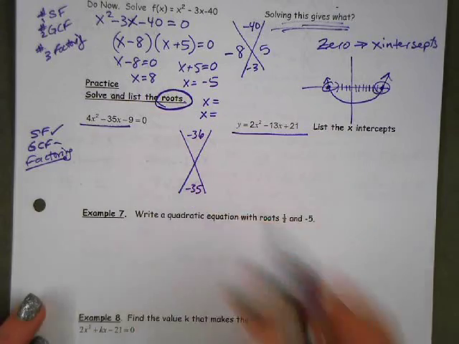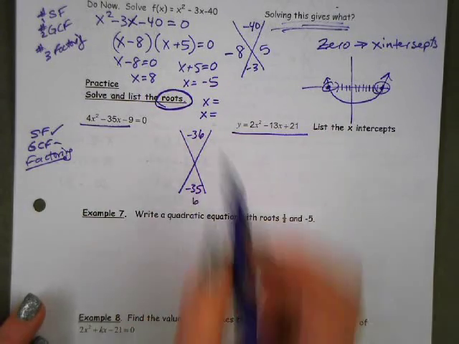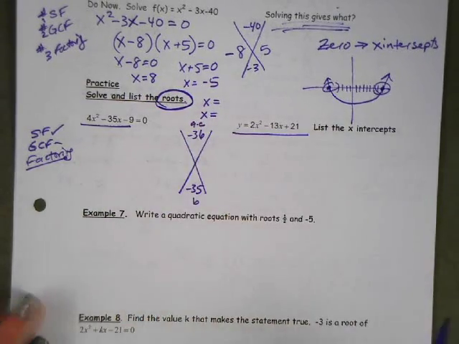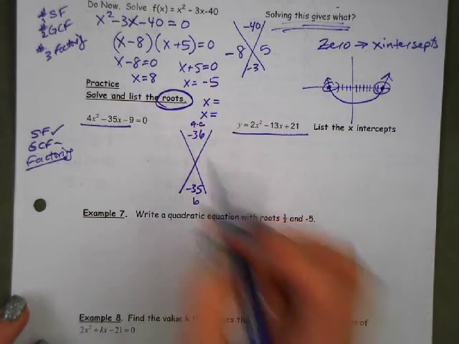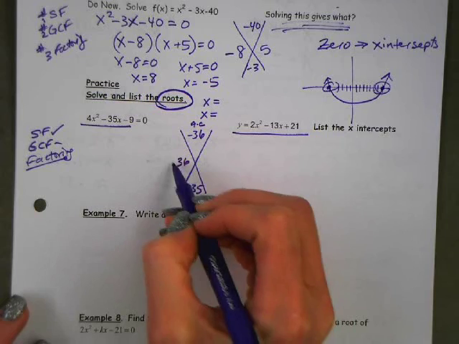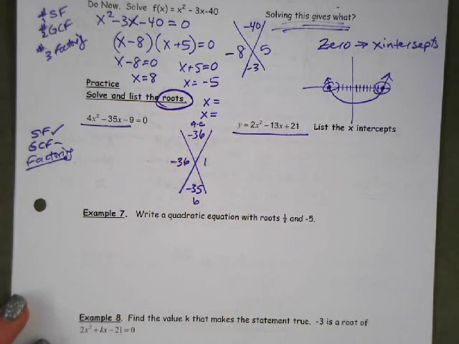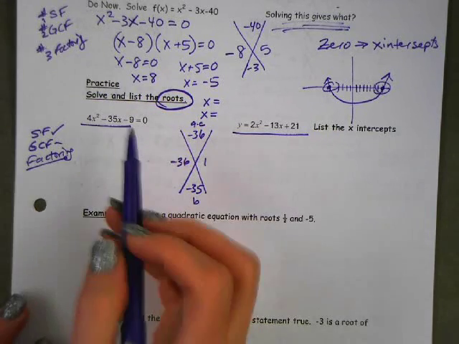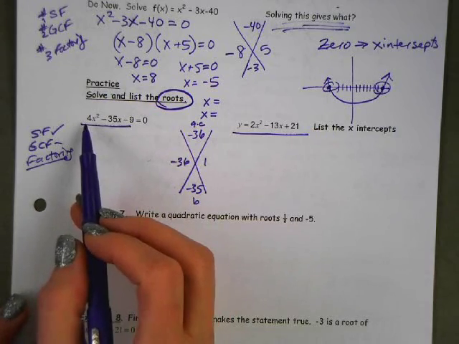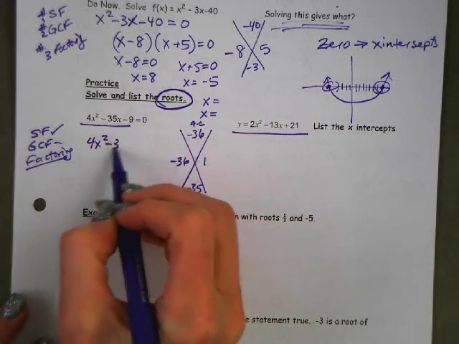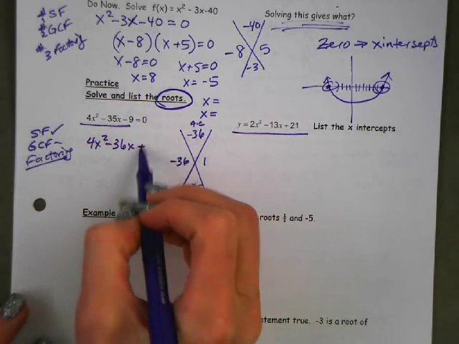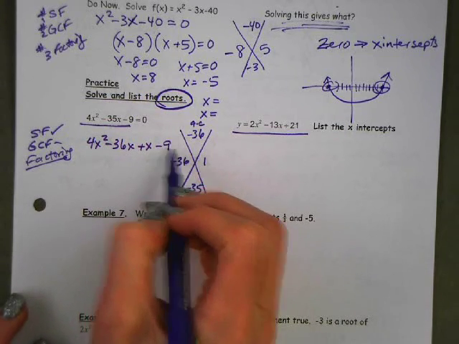The B goes on the bottom, and A times C goes on top. What are factors of negative 36 that add together to get negative 35? Negative 36 and a positive 1. I have to rewrite this middle term because it's not a coefficient of 1. So I rewrite it as 4x squared minus 36x plus x minus 9, and that equals 0.